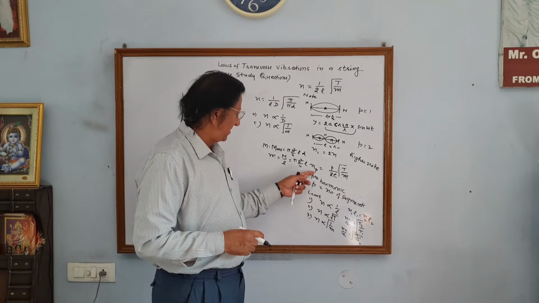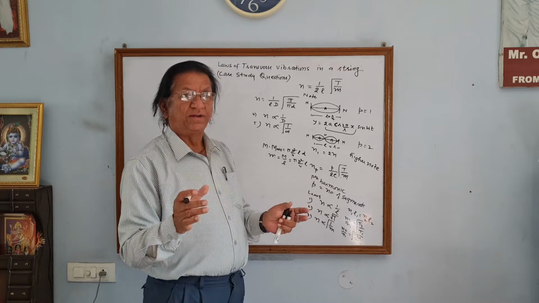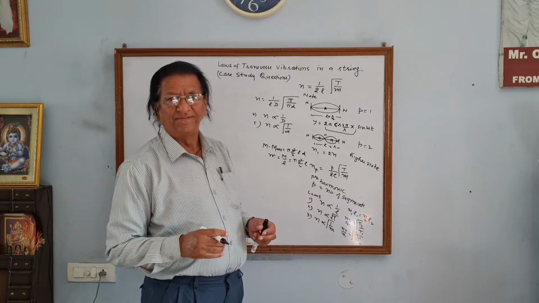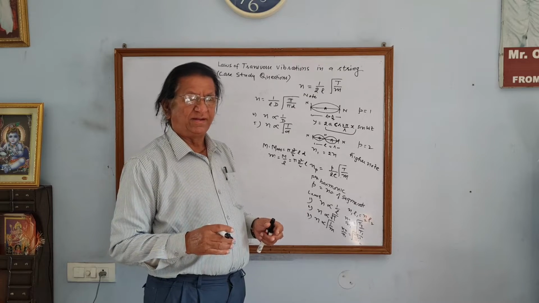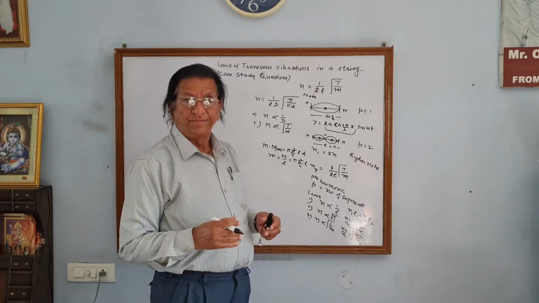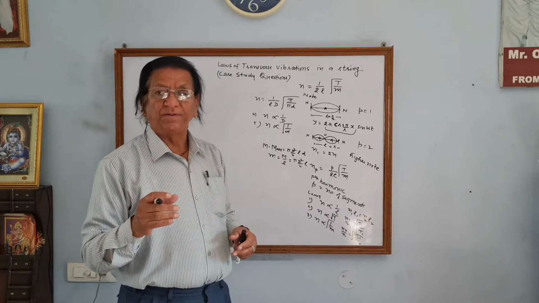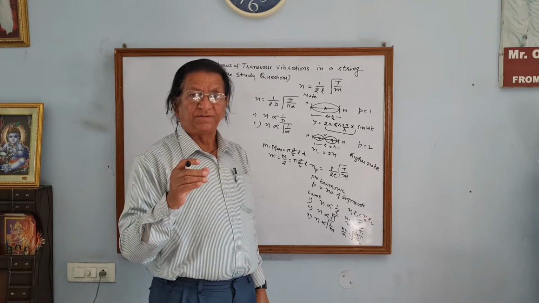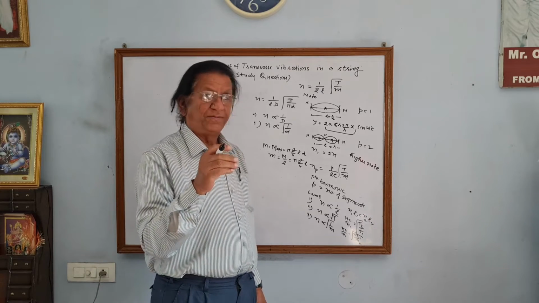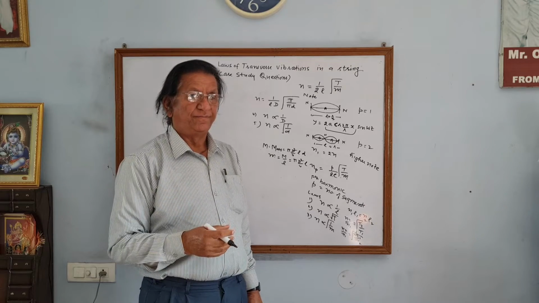All these overtones are called higher and higher notes. If you want to make the sound shrill while singing, you have to sing in a higher note. You have to increase the frequency.